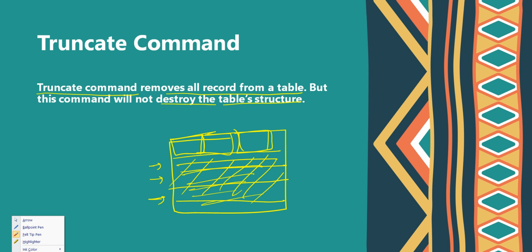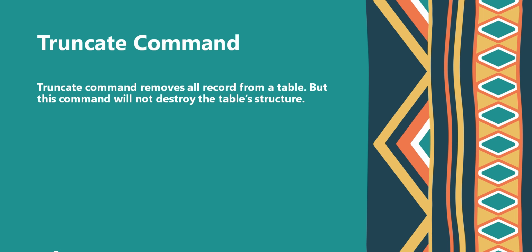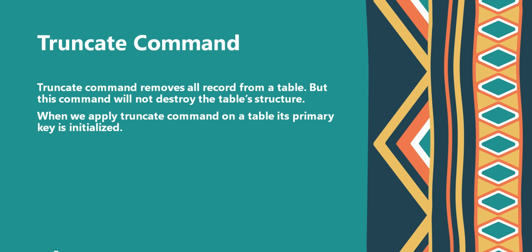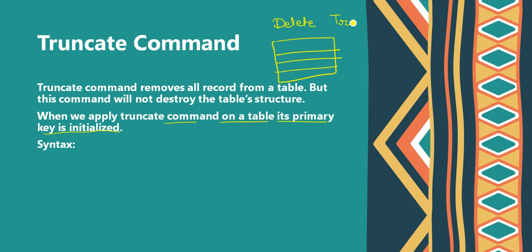When we apply truncate on a table, its primary key is initialized. To delete all the records, we actually have two commands: one is delete and the other is truncate.